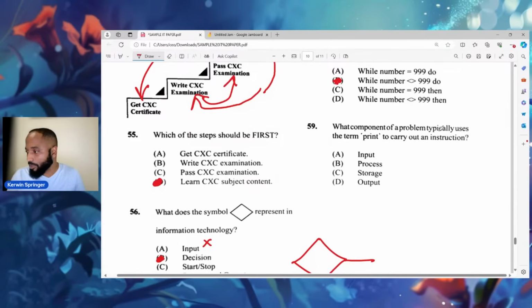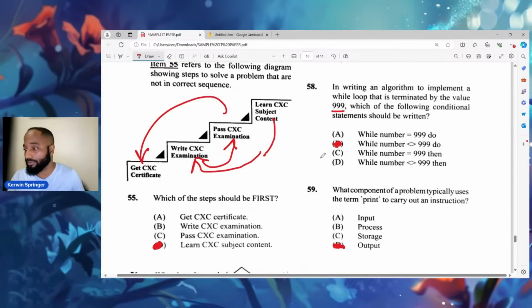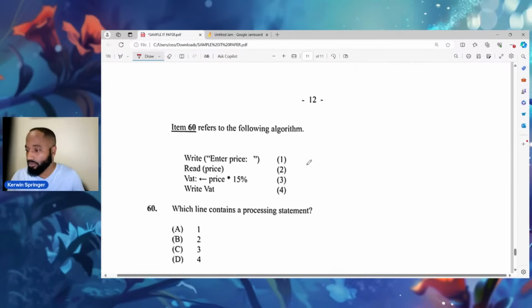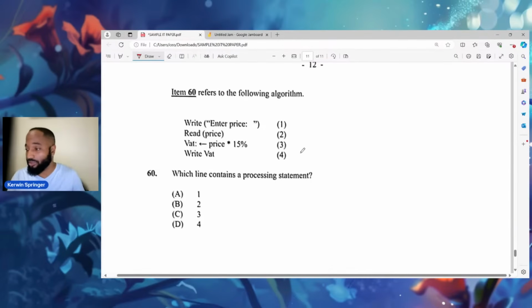What component of a problem typically uses the term print to carry out an instruction? Output. So without any prior revision, I cannot do this exam and score over 50 out of 60. That's pretty good for my IT as a layman, at least for multiple choice.